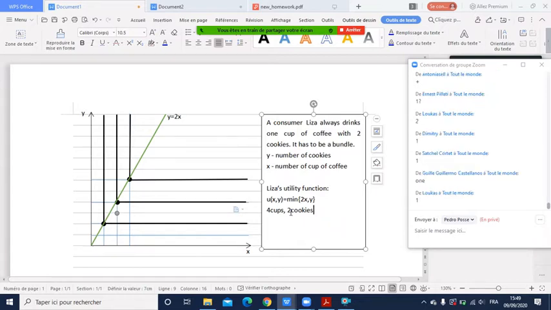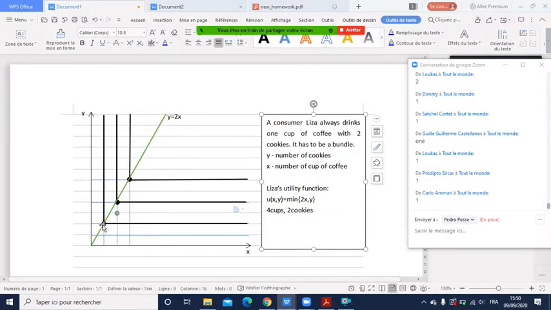Okay. We all agree on that. That's perfect. Because even though I have 4 cups of coffee, I'm not going to drink them all because per each cup I need 2 cookies and I only have 2 cookies. Perfect. So this point will bring us back to the initial where we started.